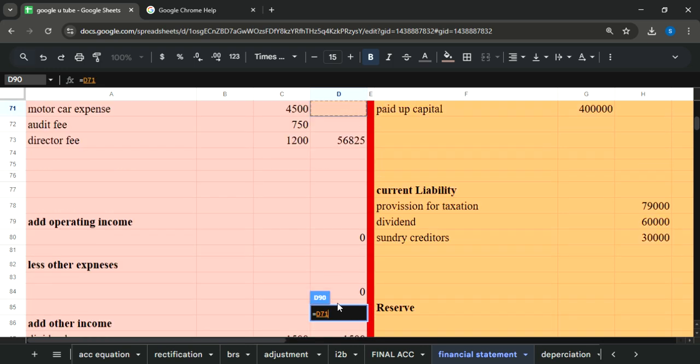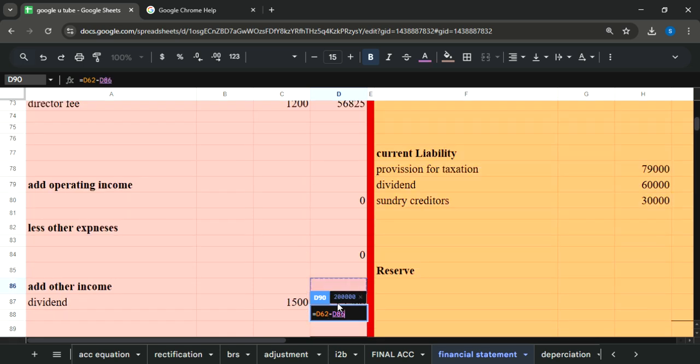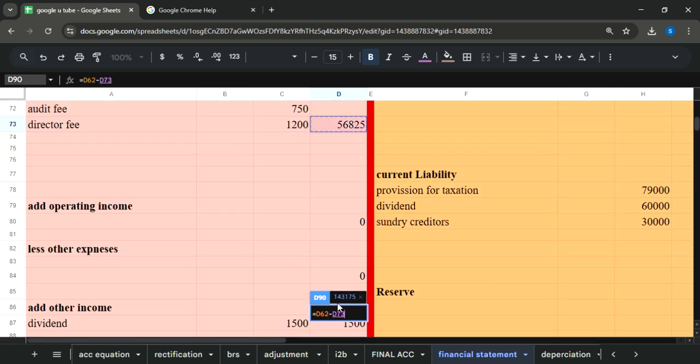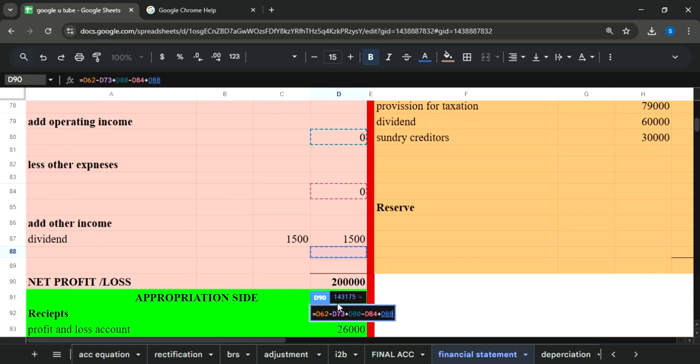First we will take gross profit 2 lakh, then you will subtract operating expenses 5685, then you will add operating income, then you will subtract other expense not present, and then last you will add other income 1500.